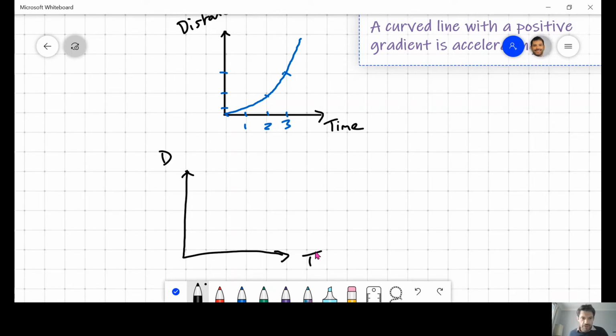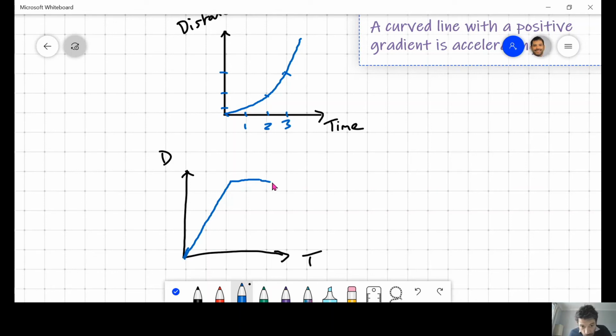D for distance, T for time. Right, so we've gone back to a constant speed, nice constant speed, which was supposed to be a straight line. So I've got a nice constant speed to Sheffield. I've stayed there to say hello.